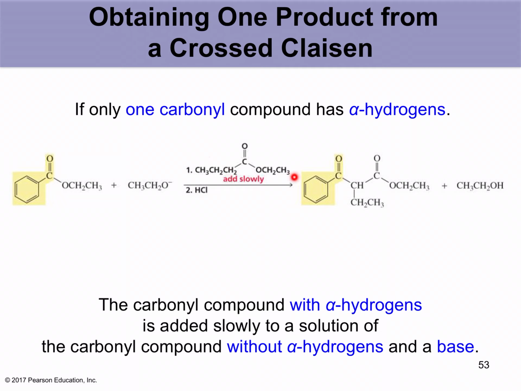Okay, that's why we follow this process. So form the new bond between the alpha carbon and then the carbonyl carbon of the other molecule. And then ethanol is the byproduct. The carbonyl compound with alpha hydrogens, which is this one, is added slowly to a solution of the carbonyl compound without alpha hydrogens and a base.